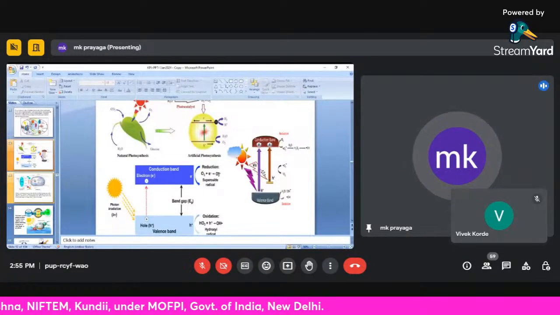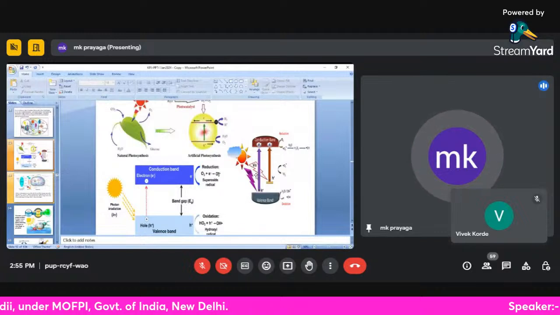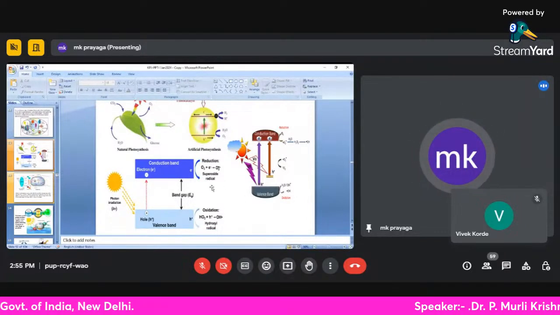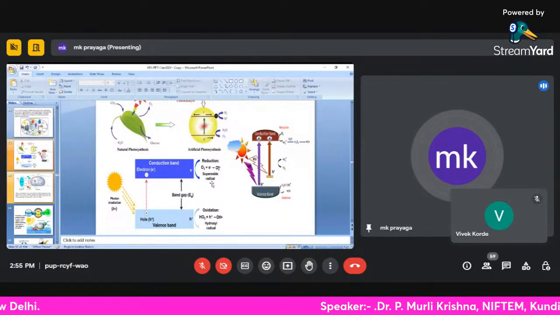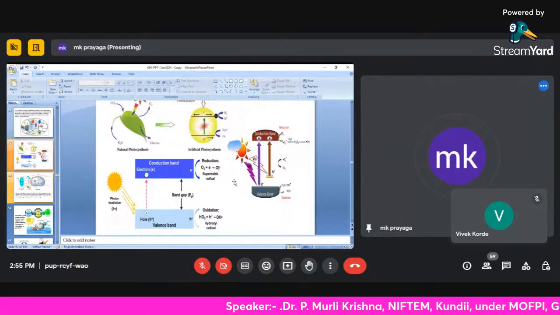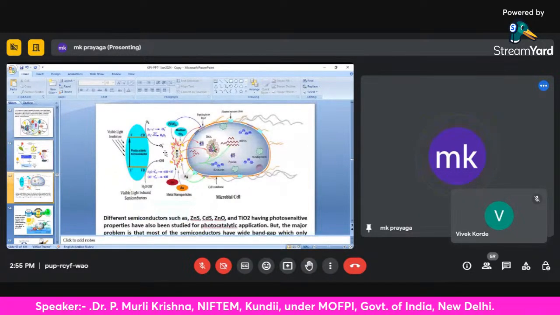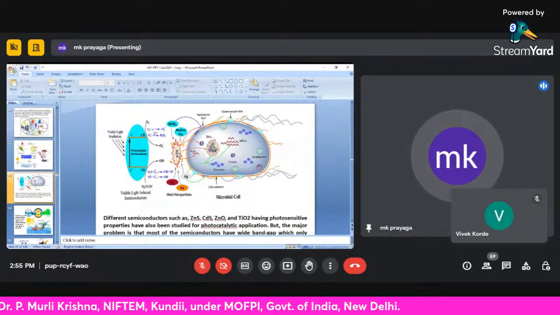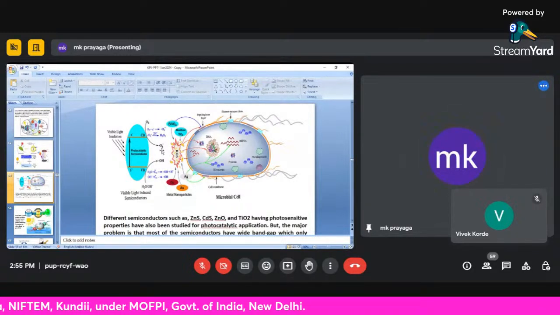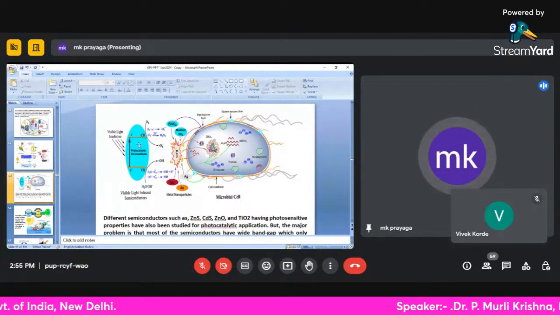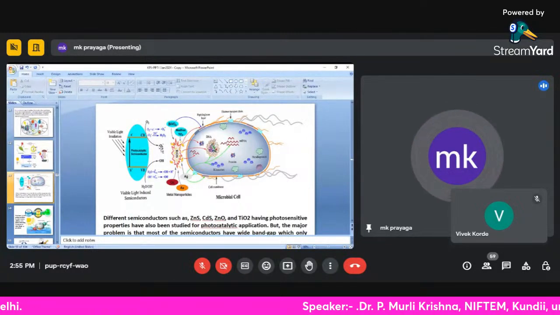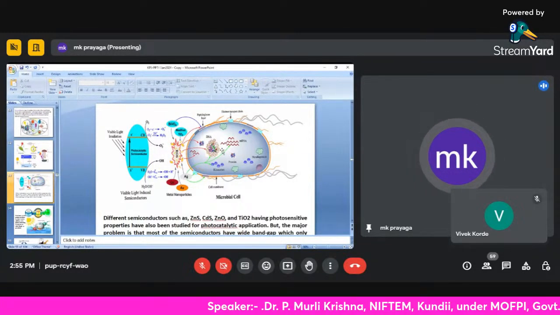That means water purification as well as killing of pathogens. Because of these oxide radicals, they damage the DNA of the pathogens. So now I'm going to explain that. This is the explanation of how they damage the DNA of the pathogen with titanium dioxide. These are the oxide radicals. They interact with the DNA and damage it.